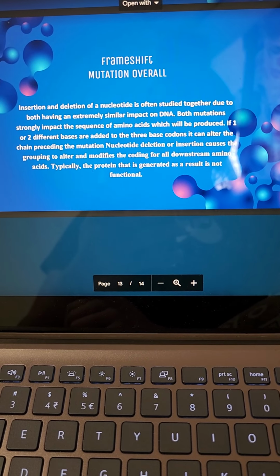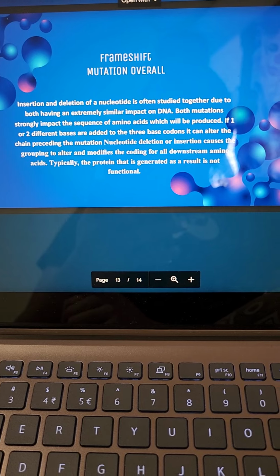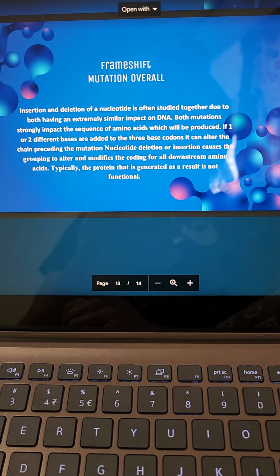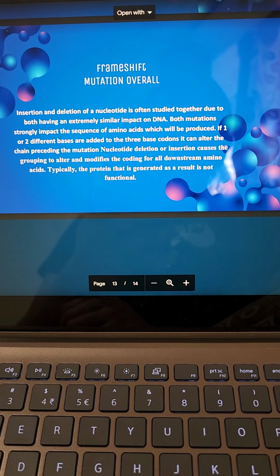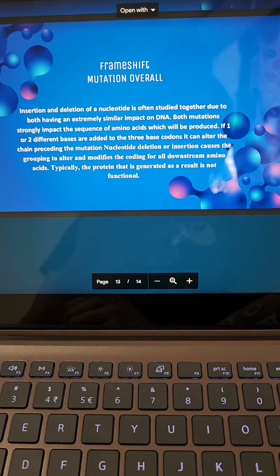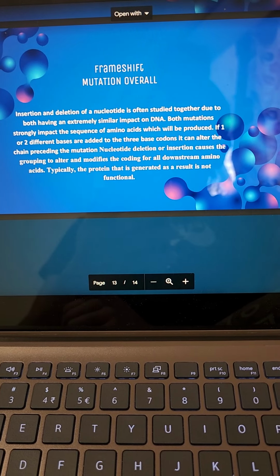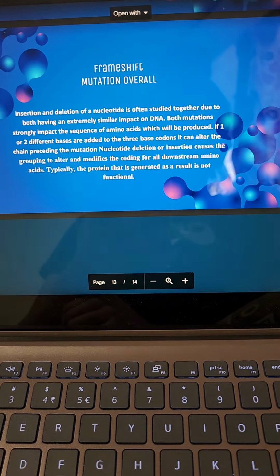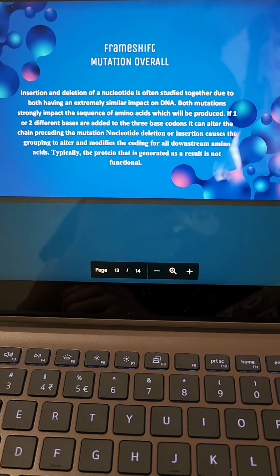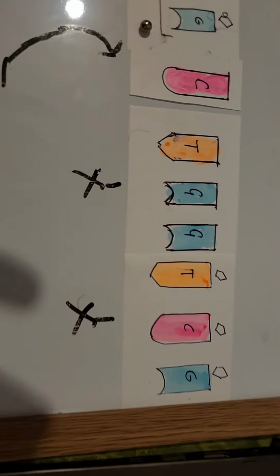It can alter the chain preceding the mutation. Nucleotide deletion or insertion causes the grouping to alter and modifies the coding of all downstream amino acids. Typically, the protein that is generated as a result is not functional.